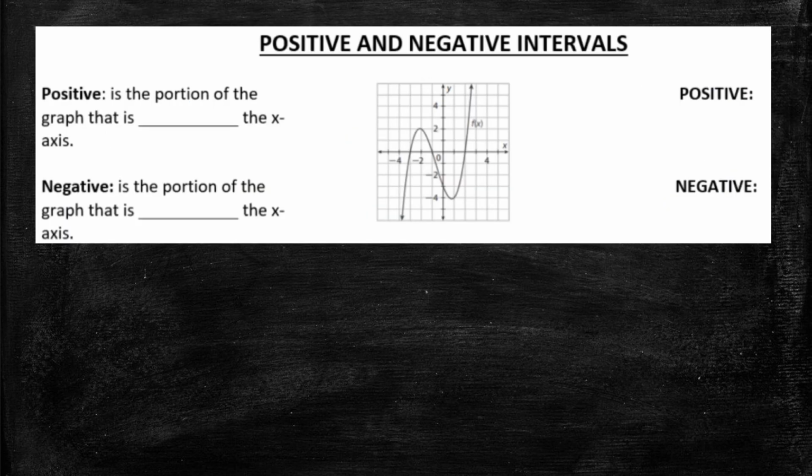All right, let's review positive and negative intervals. Positive intervals are the portion of the graph that is above the x-axis. So if I look at the pieces that are above the x-axis, that's going to be this piece and this piece. So I would have to write both of those intervals.